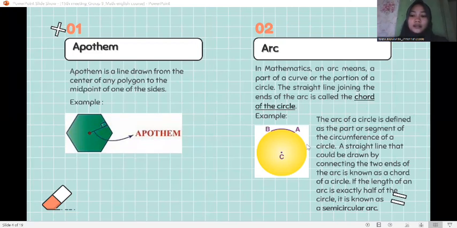A straight line that could be drawn by connecting the two ends of the arc is known as a chord of a circle. If the length of an arc is exactly half of the circle, it is known as a semicircular arc.